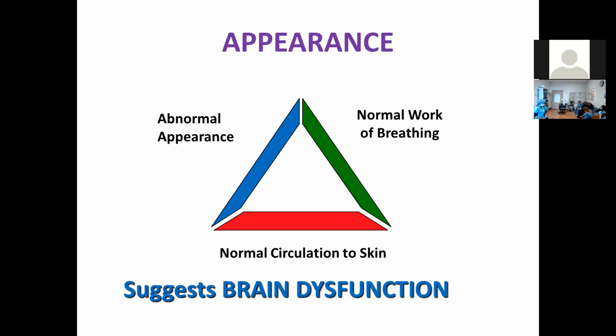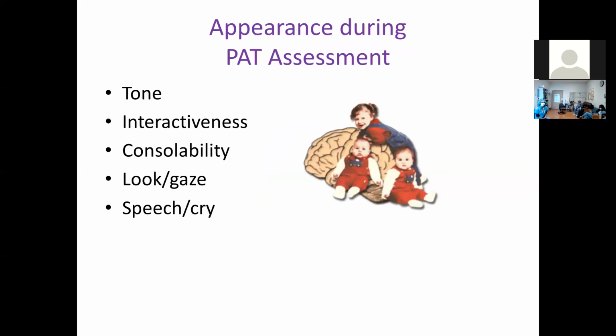What about appearance? If the child has abnormal appearance with normal work of breathing, that will suggest brain dysfunction. Going a little bit more detailed about assessing appearance during the pediatric assessment triangle, what are we looking at?